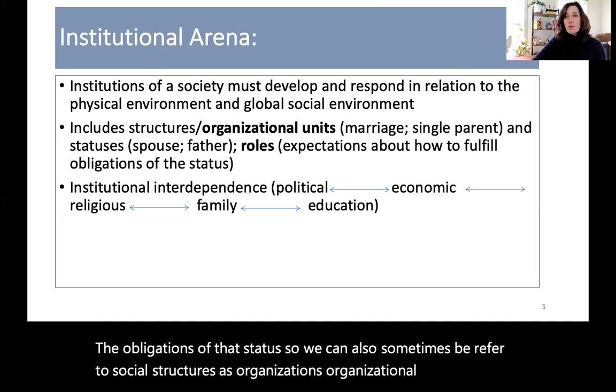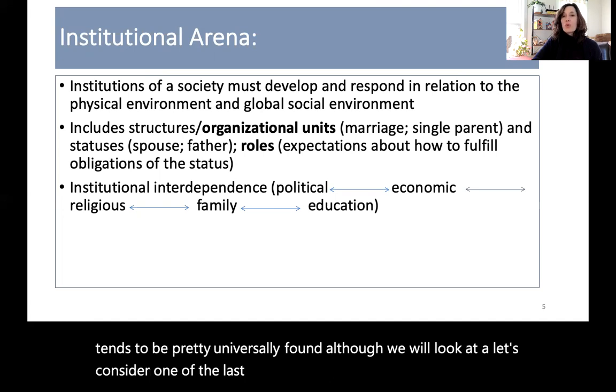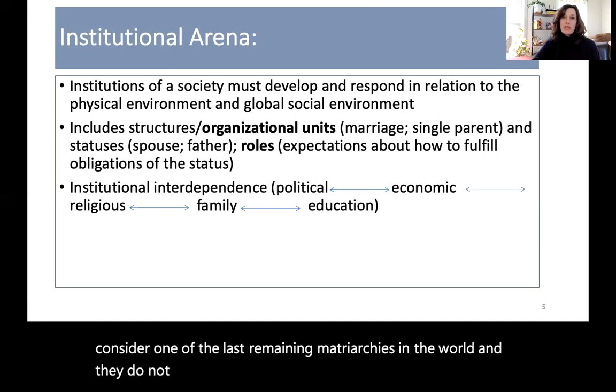Marriage tends to be pretty universally found, although we will look at what is considered one of the last remaining matriarchies in the world, and they do not have formal marriage. So we'll look at that.